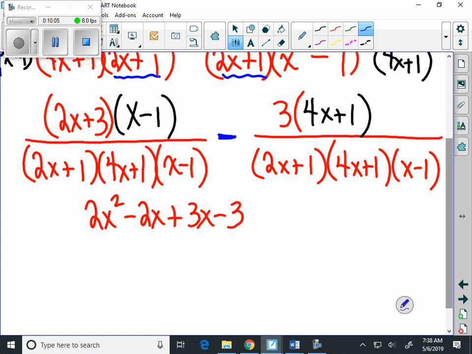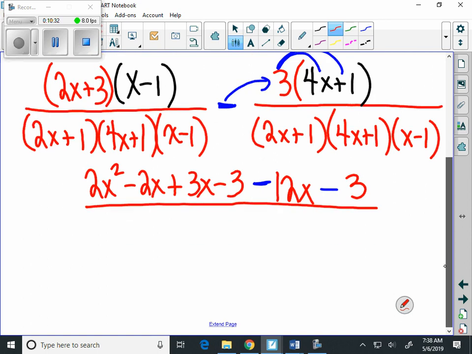And while I'm thinking of it, might as well do the minus here, but be careful, because this minus is going to apply to this 3. So when we distribute this here, it's going to be minus 12x, but it's going to be negative 3 times 1, which is going to be negative 3.